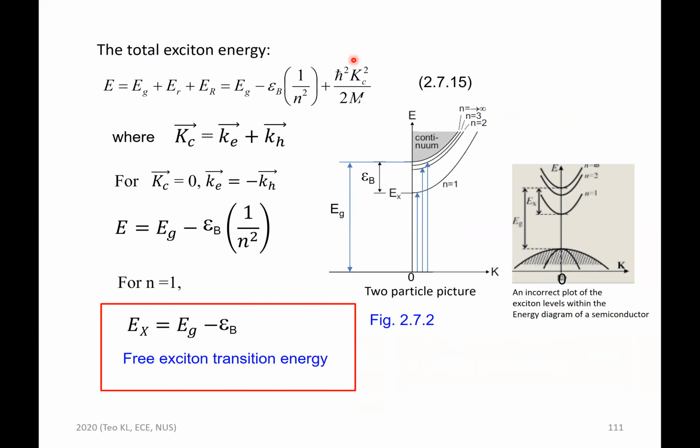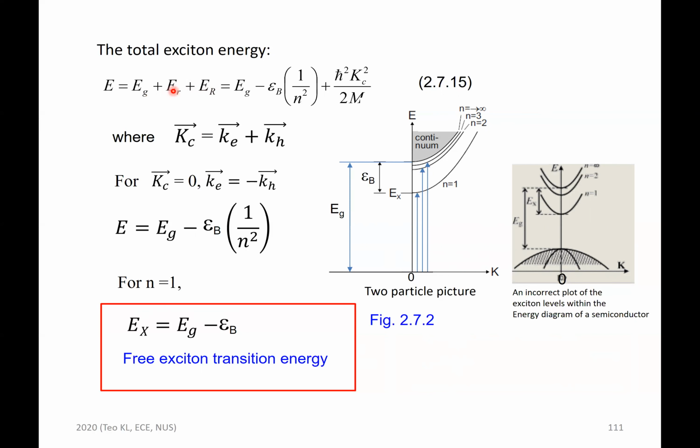So for the total exciton energy of the system, you have to include the band gap, which is the minimum energy gap of the system, plus the energy Er and ER, the relative motion and the center of mass motion.